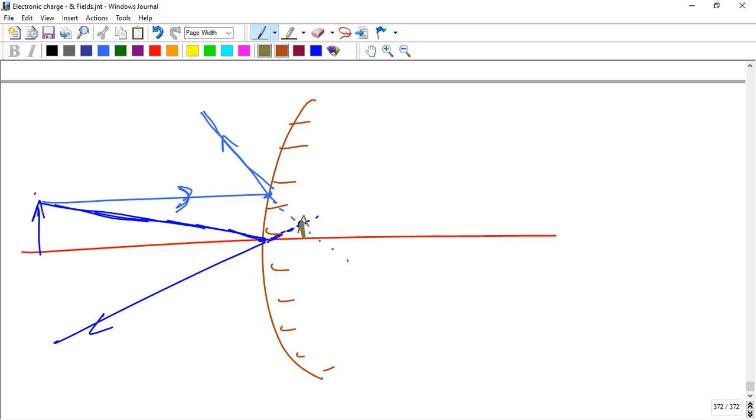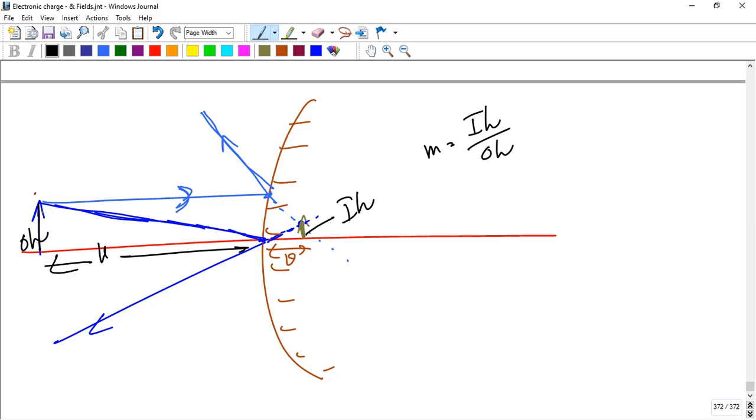That is v, that's u, that's the object height, that is the image height. So magnification is image height by object height, and another formula is v by u, with v plus and u minus. So these also create a virtual image, and both the magnification formula and the mirror equation are satisfied.